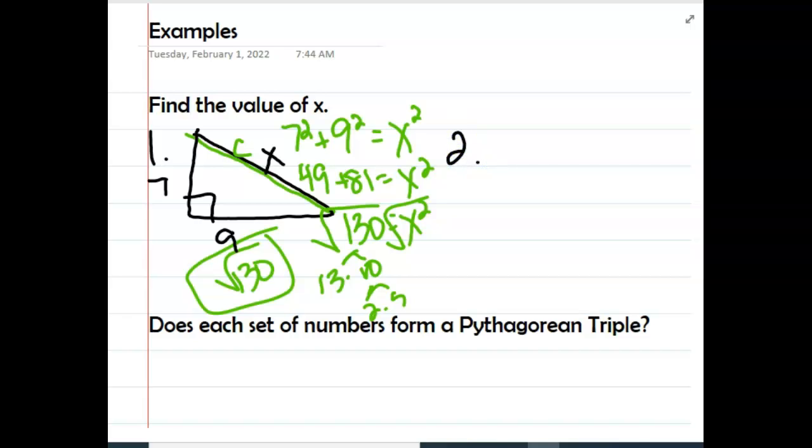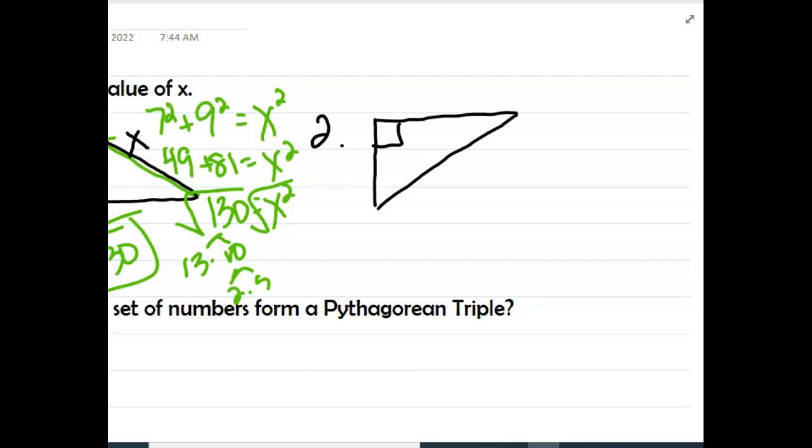Okay, number 2, let's try another right triangle. This time the hypotenuse is going to be 10. One of the legs is going to be 5, and the other leg is going to be x. Now, what's nice about the Pythagorean theorem is it's the same formula.